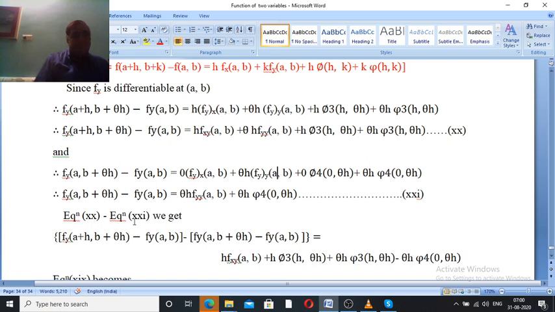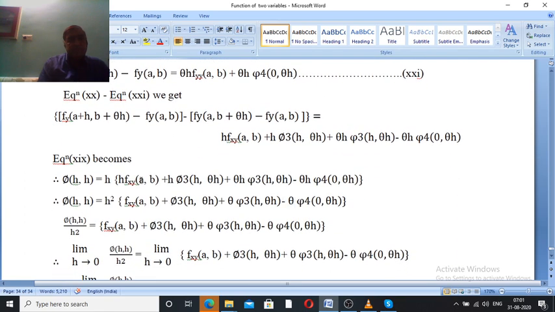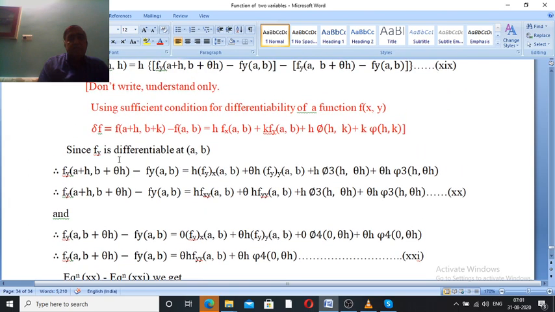Equation 20 minus equation 21, we get this expression minus this expression. Theta h fyy at point (a, b) and theta h fyy at point (a, b), both are cancelled. Therefore, it is equal to h fxy at point (a, b) plus h phi 3 of (h, theta h) plus theta h psi 3 of (h, theta h) minus theta h psi 4 of (0, theta h). Equation 19 becomes, what is equation 19?